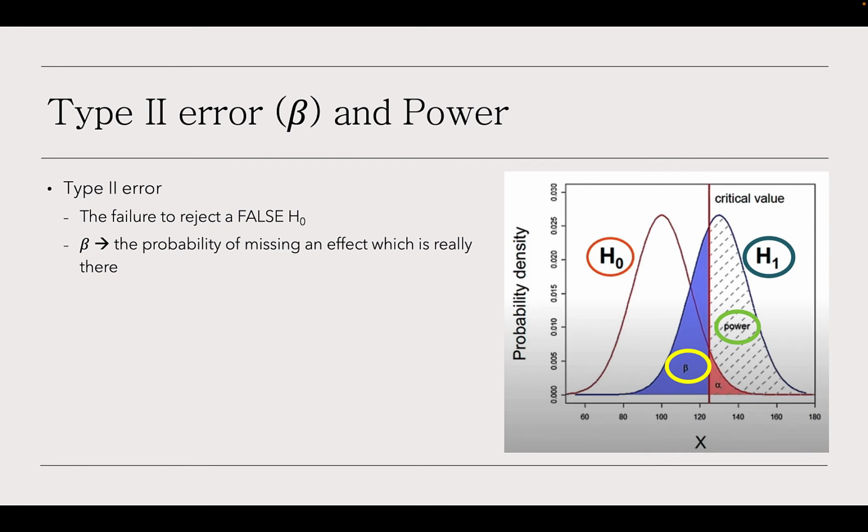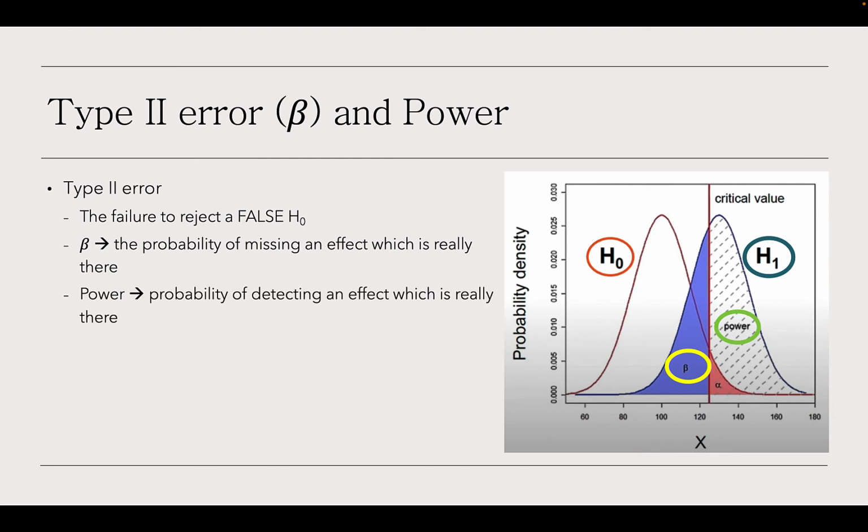And so beta is the probability of missing an effect which is really there. So alpha is the probability of rejecting the null when we shouldn't. Beta is the probability of failing to reject the null when we really should.